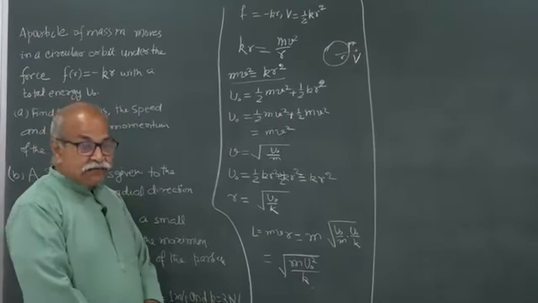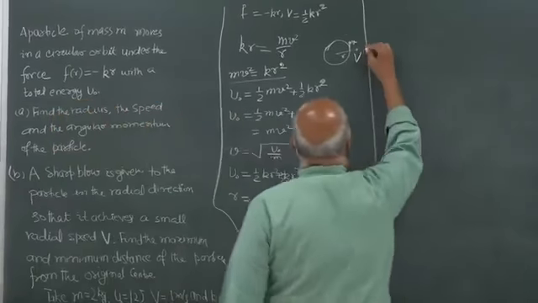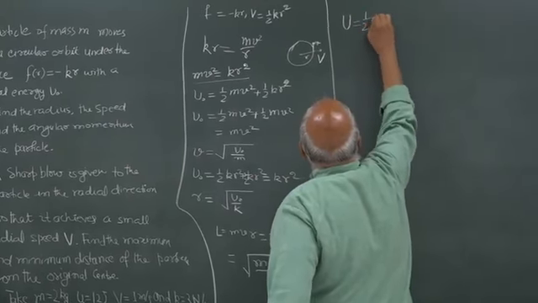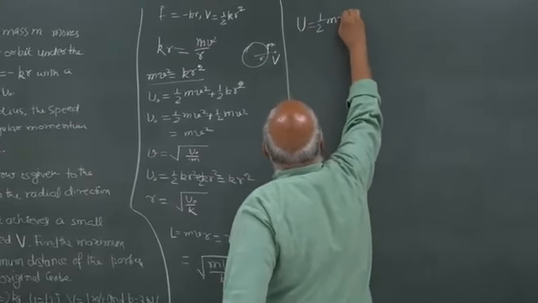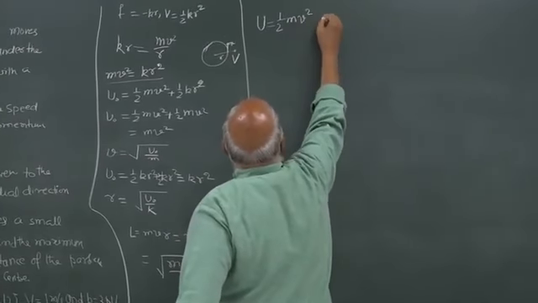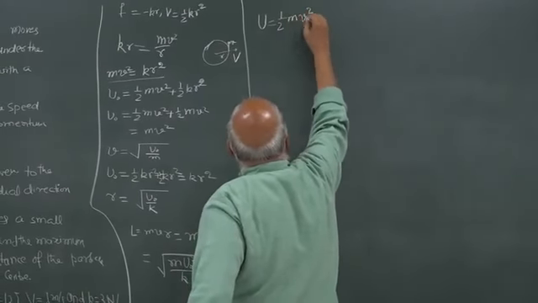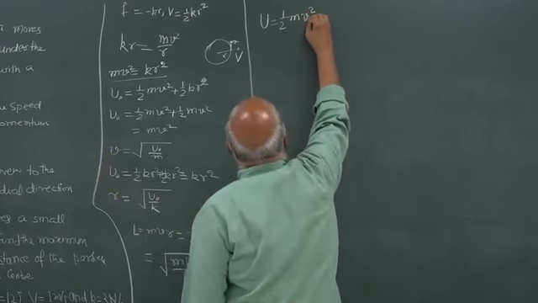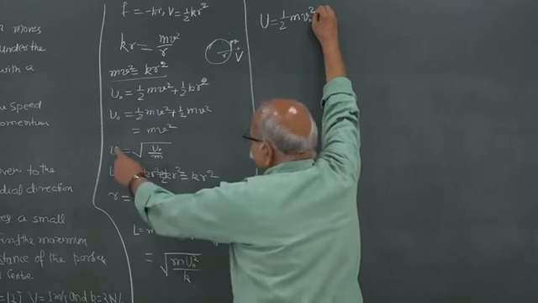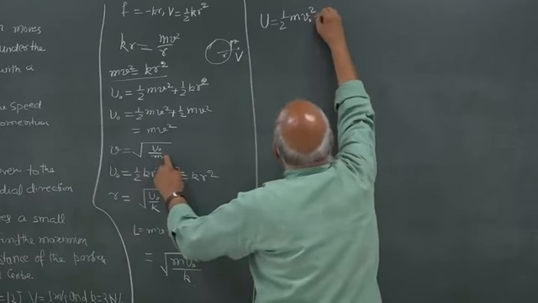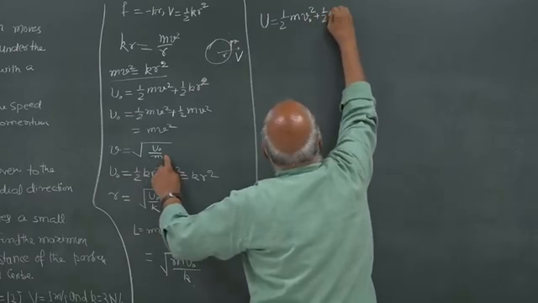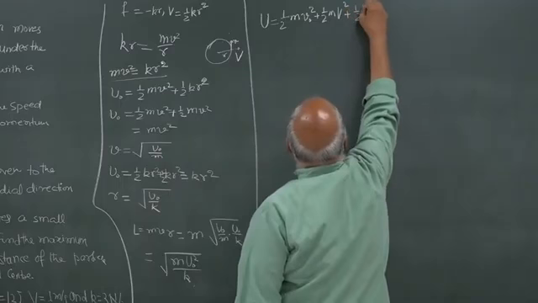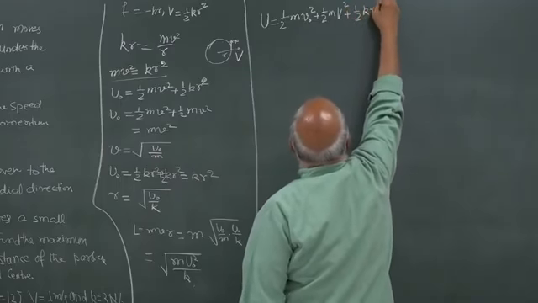We write now the initial total energy is equal to half m v naught square, let me call it v naught, this v, plus half m this capital V square, and then the potential energy half k r square.